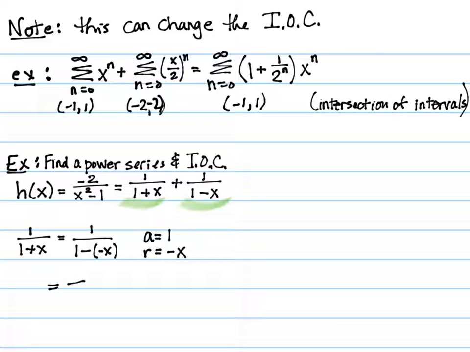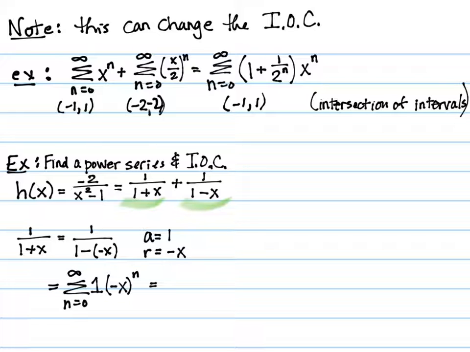So as we're taking a look at this summation, this will equal the summation from n equals 0 to infinity. And it's 1 times, I'll put it in just for the sake of it right now, 1 times, and then it's r, negative x to the n. Okay, so we want it to say something times x to the n by itself, and right now there's a negative grouped in there.